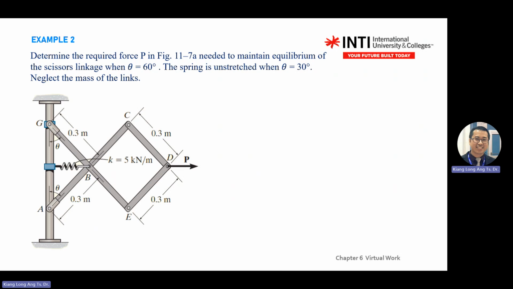Then there's a spring there. So spring, you know the spring force: F spring equals K multiplied by the distance the spring moves. And this one looks like lots of triangles. For triangles, there are two rules: either right triangle, or you need to use the cosine rule. You know what the cosine rule is?